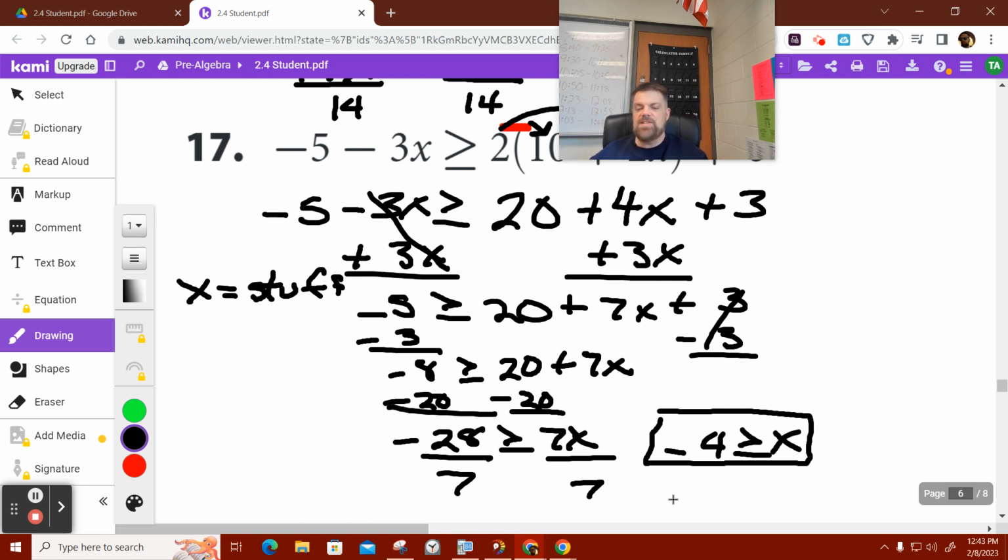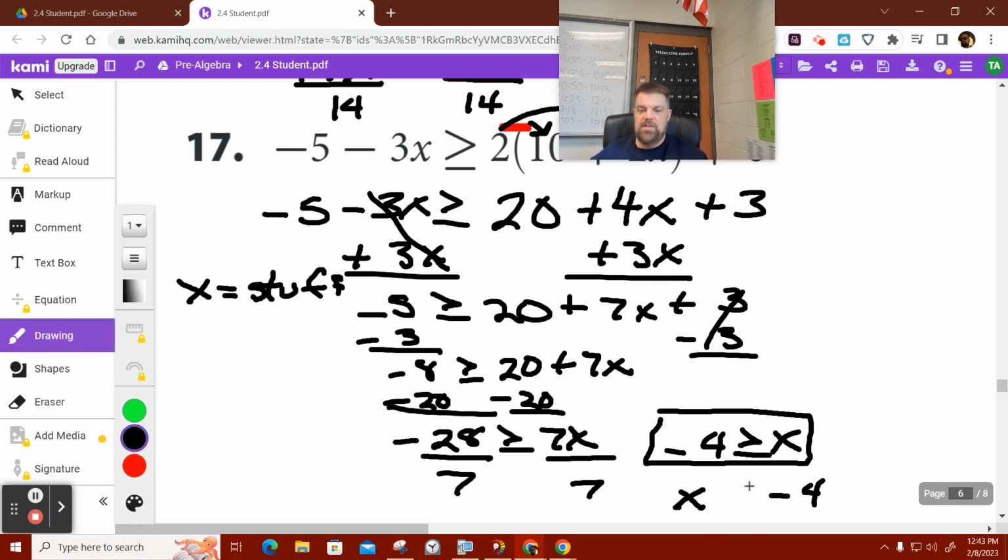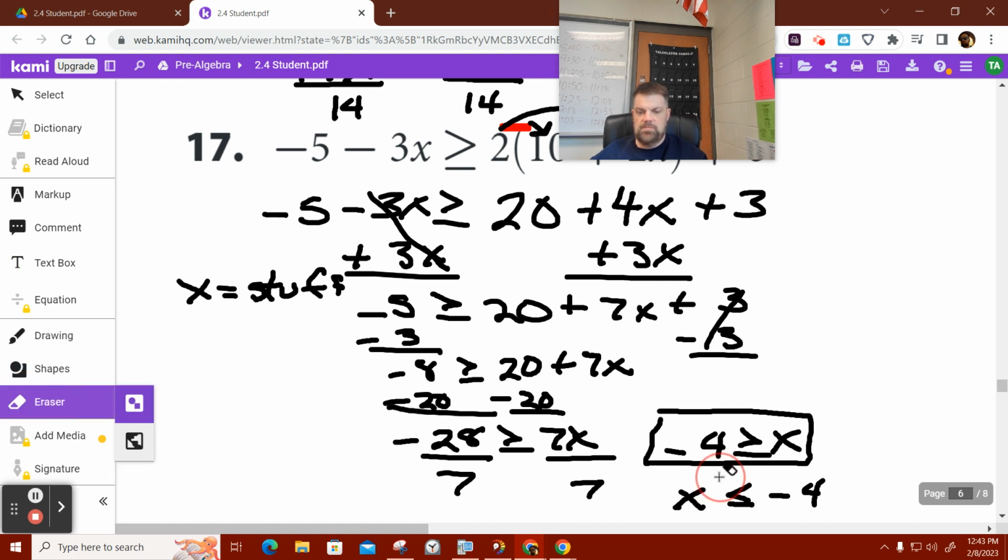So how else could I write it? If I wanted to put the x over here and the negative 4 over here, what does my symbol have to do? Which way does it point? Towards the point. Yeah, you have to flip it in your head so it matches up.